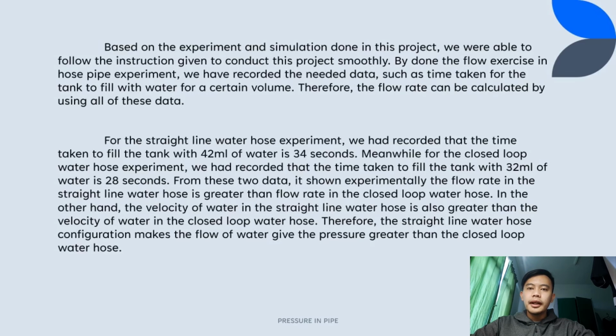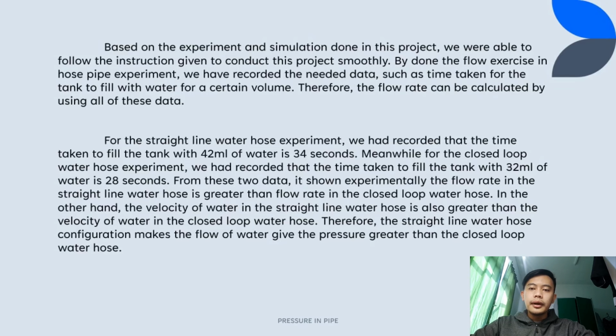Based on the experiment and simulation done in this project, we were able to follow the instructions given to conduct this project smoothly. By doing the flow exercise in the hose pipe experiment, we recorded the needed data such as the time taken for a tank to fill with a certain volume of water.